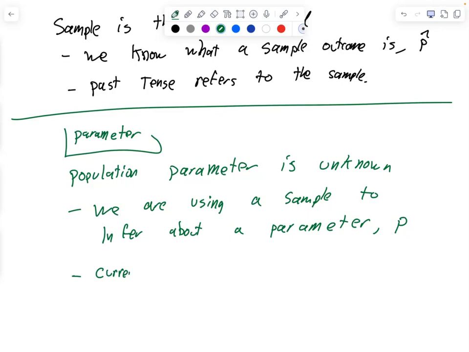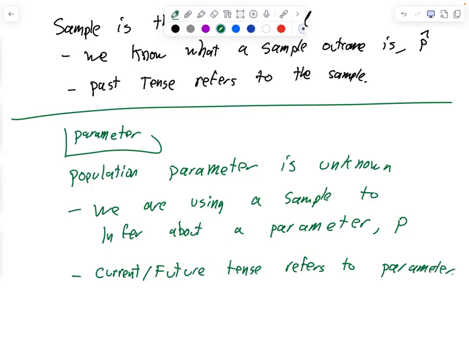Current/future tense refers to the parameter.